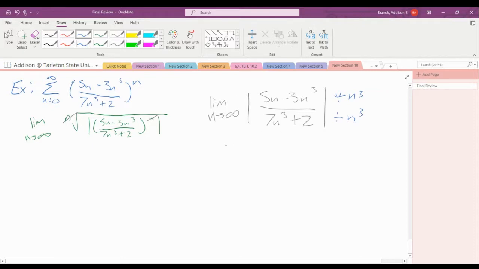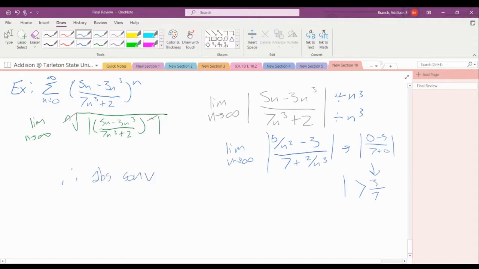So we get our limit as n approaches infinity of 5 over n squared minus 3 over 7 plus 2 over n cubed. And then we'll get the absolute value of 0 minus 3 over 7 plus 0. That will get us 3/7, which we know is less than 1. So therefore we can say that this series is absolutely convergent.